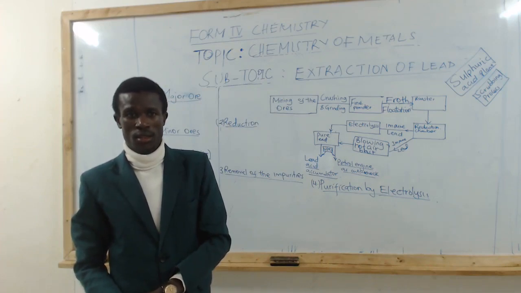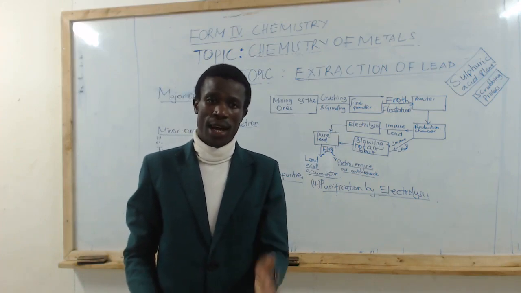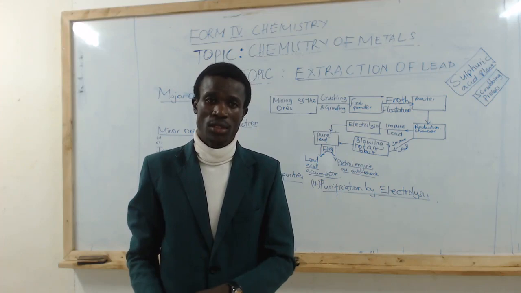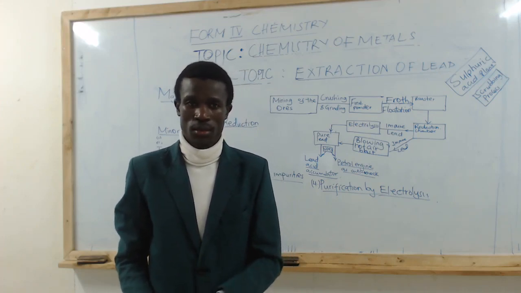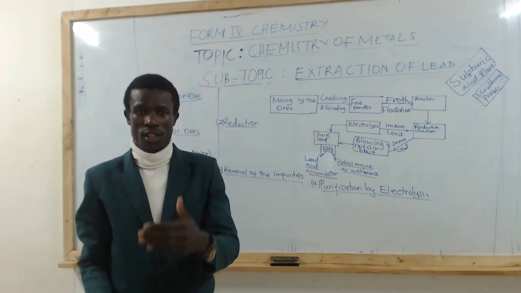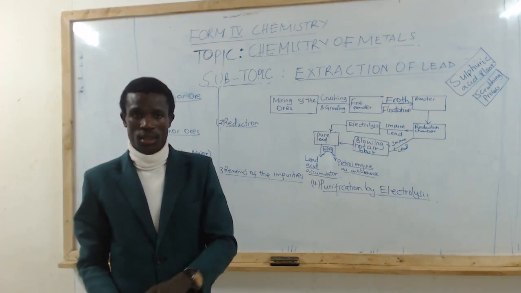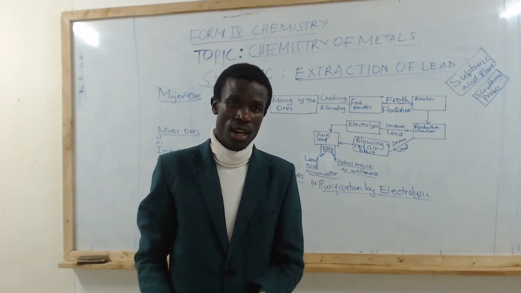In the combined forms, we can have alloys, oxides, sulfides, carbonates, sulfates, and even chlorides. I listed 6 metals and gave the ores or the compounds in which they exist. And I said these compounds in which metals exist are known as ores.